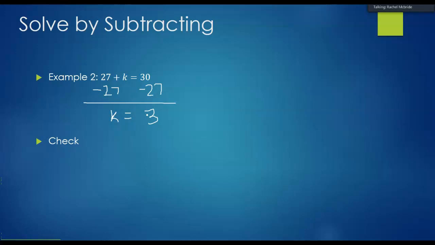Okay, and then to check it, what do I do? Where's that 3 going to go? It's going to go to add to 30. Is it going to go in for the variable? Where's the 3 go? Nevaeh? Yeah. And do we agree 27 plus 3 is 30? Yeah.